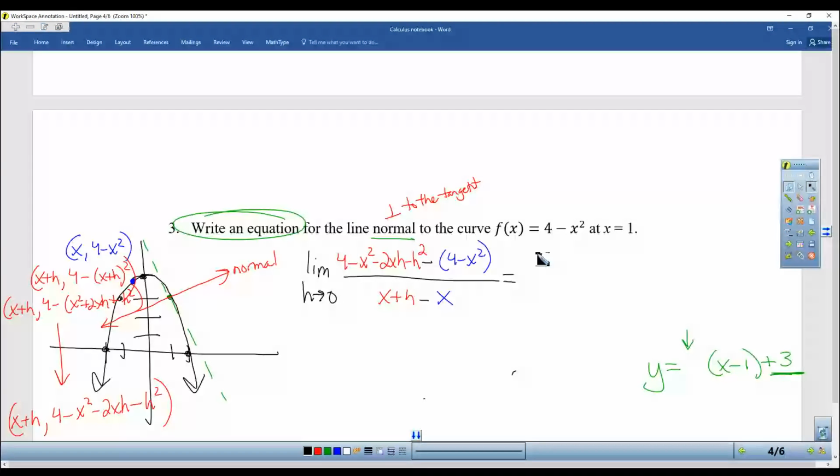So this is equal to the limit as h approaches 0. I usually cross this off and distribute my negative. And then you can cross off things that are the same, the 4 and the 4, the x squared and the x squared. And if you want to save yourself a step, factor out the h. You're always going to factor out the h.